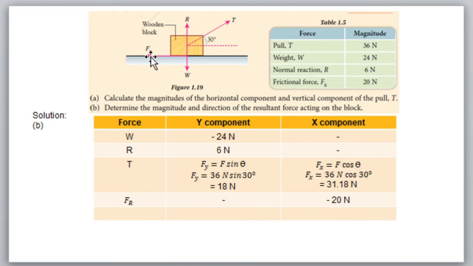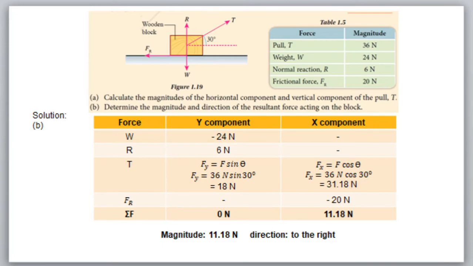negative x axis. For B, determine the magnitude and direction of the resultant force acting on the block. We have the y component and x component for all the forces acting on the block, which are weight, normal reaction, pull, and the frictional force.